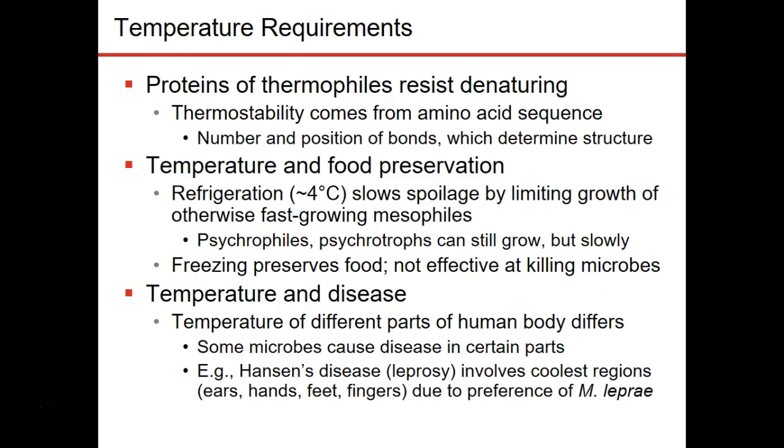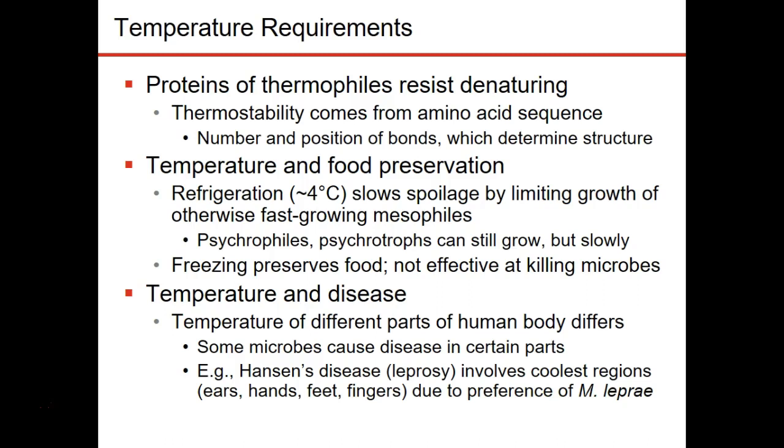The temperatures in different parts of the body can influence the ability of certain bacteria to grow. So our body has a typical temperature or a base temperature of about 37 degrees Celsius. Our ears, fingers, toes, those areas are going to be the coolest of all of the regions of our body.